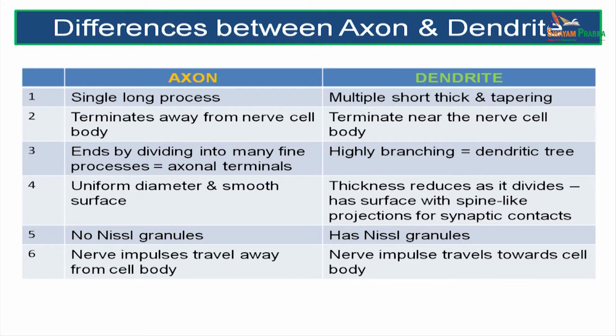A dendrite forms a dendritic tree. An axon is of uniform diameter and it is smooth, whereas a dendrite tapers and it is spiny. There are no Nissl granules in the axon, whereas there are Nissl granules in the dendrite. Nerve impulses travel away from the cell body through an axon, whereas a dendrite brings nerve impulses towards the cell body.